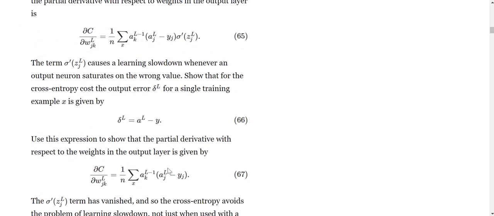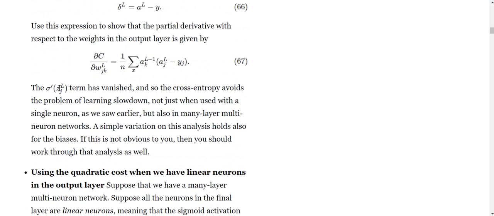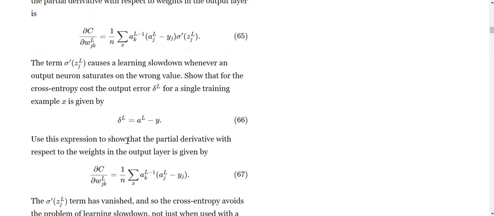Use the expression to show that the partial derivative with respect to weights in the output layer is given by this, and the term sigmoid prime z_j^L has vanished, and so the cross entropy avoids the problem of learning slowdown, not just when used with a single neuron, as we saw earlier, but also in multi-layer neuron networks. A simple variation on this analysis holds for the biases. If this is not obvious to you, then you should work through that analysis as well.